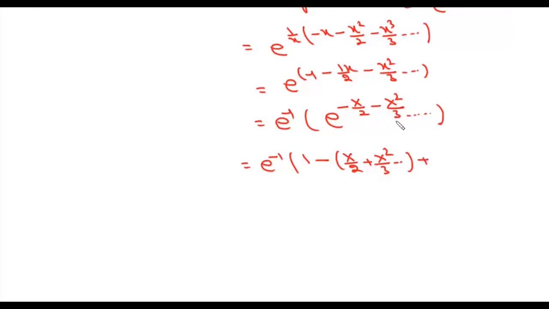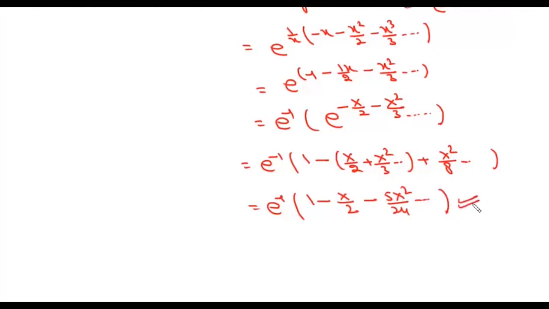Now we are just concerned with the first few powers. So in this case, if I take the square of the series, then the term I'll get is x square upon 4 into 2, which will be 8. So we'll get this as e to the power minus 1 times 1 minus x by 2, and then it'll be minus x square by 3 plus x square by 8. So it'll be minus 5x square by 24.